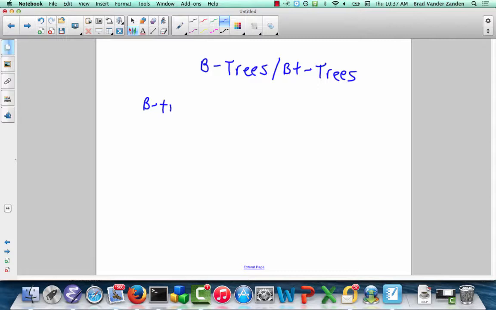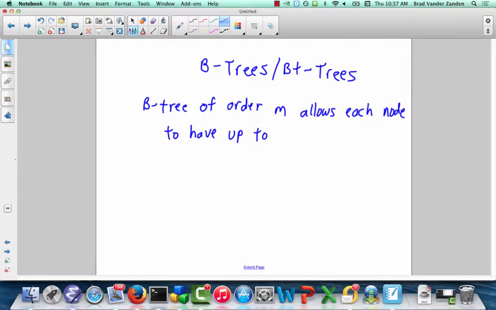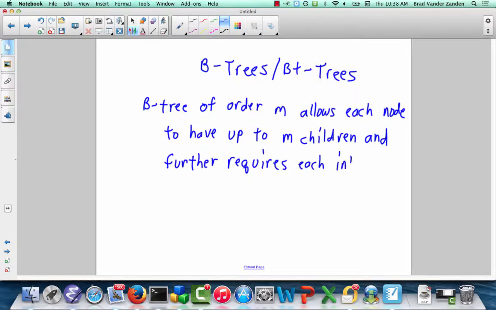So B-trees allow each node, we'll say actually a B-tree of order m, allows each node to have up to m children and further requires each interior node to have at least the ceiling of m divided by 2 children.